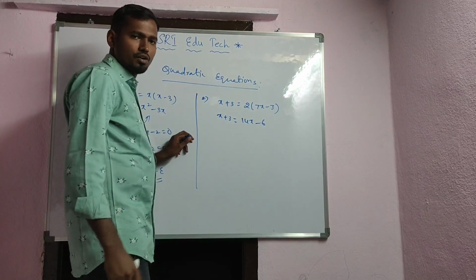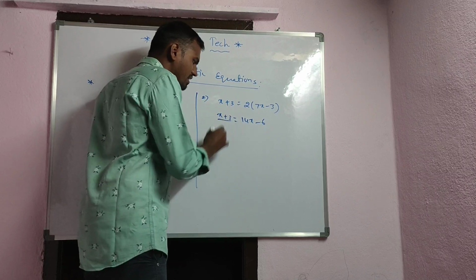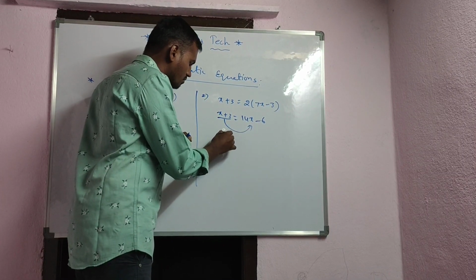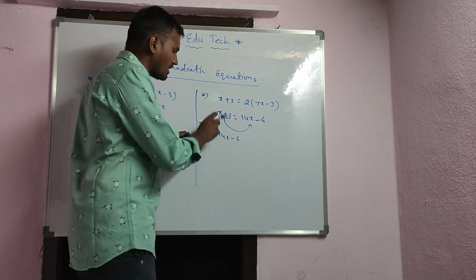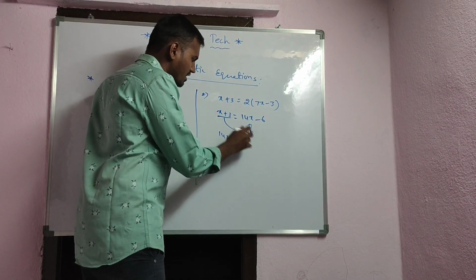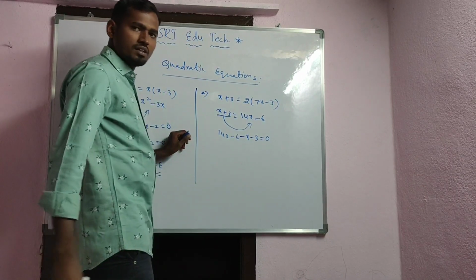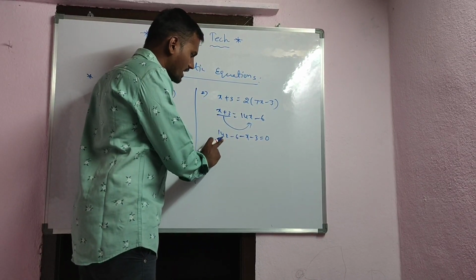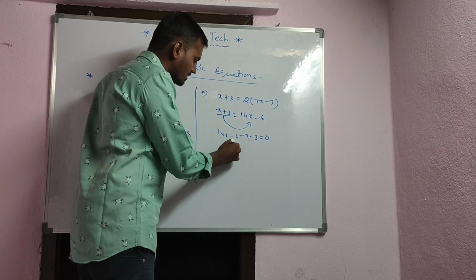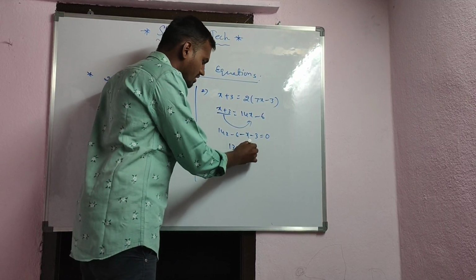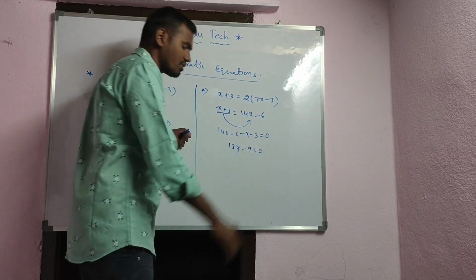Then x − 3 transfers to the RHS, so we write 14x − 6. Here +x becomes −x, +3 becomes −3, and equal to 0. Here 14x − x is 13x, and −6 − 3 is −9, equal to 0.